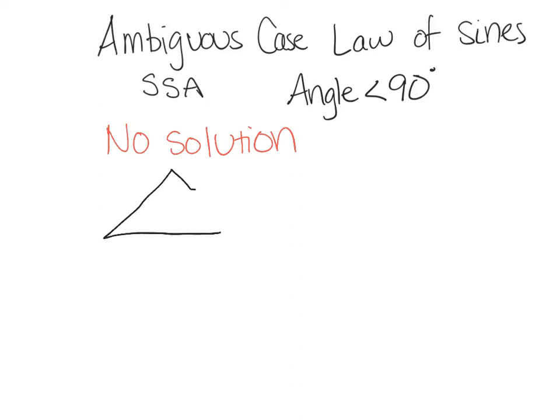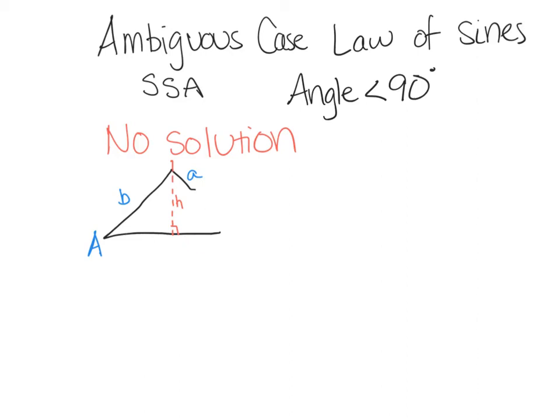So for instance, say I'm given this angle here, this side, and this side. You'll notice that that side length of A doesn't even connect to the other end because it is in fact smaller than the height of the triangle. So since it is smaller than the height of the triangle, right here, as we can see, it doesn't even connect.